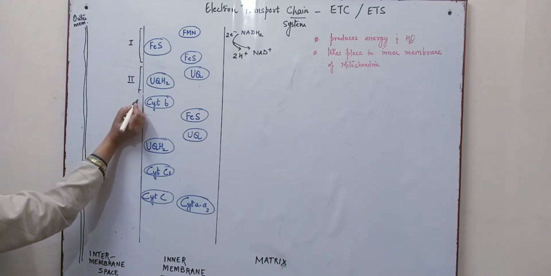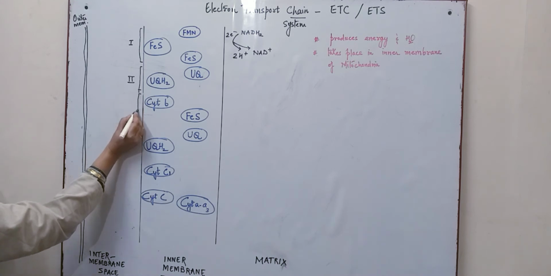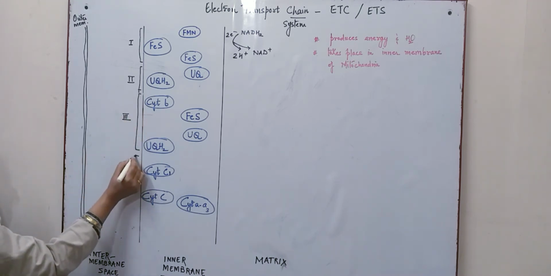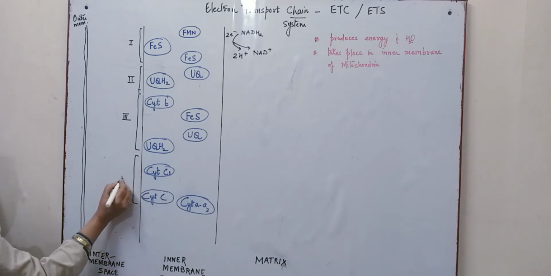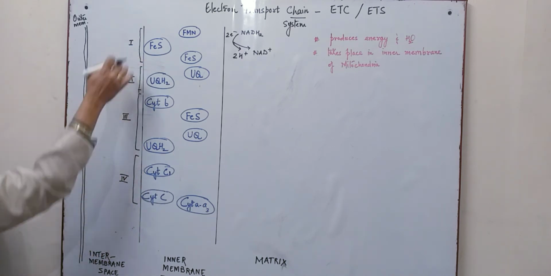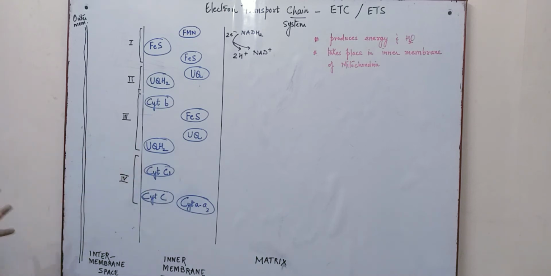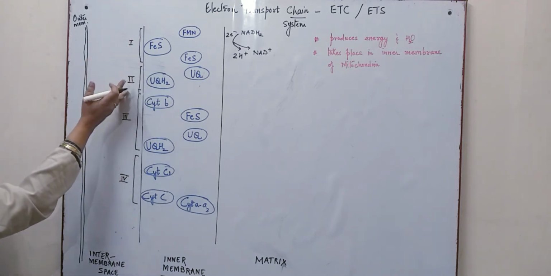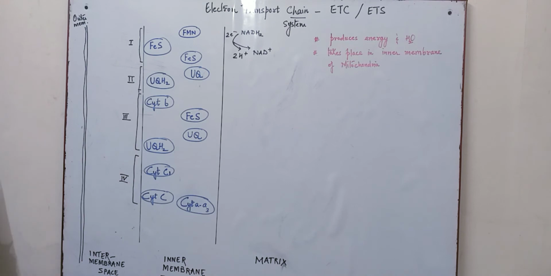Then from here to here will be the third complex, and this will be the fourth complex. So over here we have divided these electron carriers or electron acceptors into 4 complexes, known as complex 1, complex 2, complex 3 and complex 4. This is for us to understand in a better way how the electrons pass through.